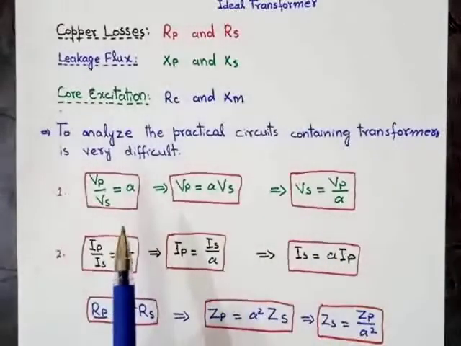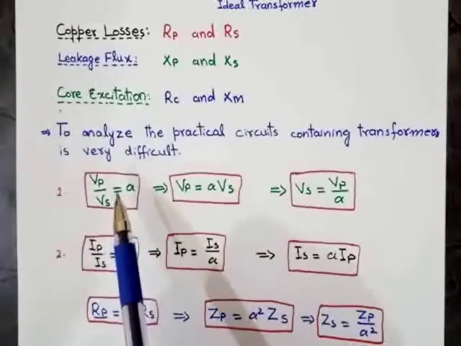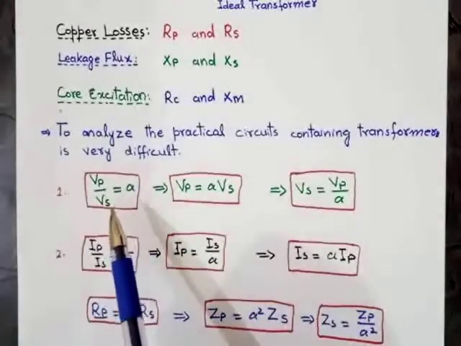The first one is the voltage source. As we know, Vp over Vs is equal to A, where A means the turn ratio, that is Np over Ns.